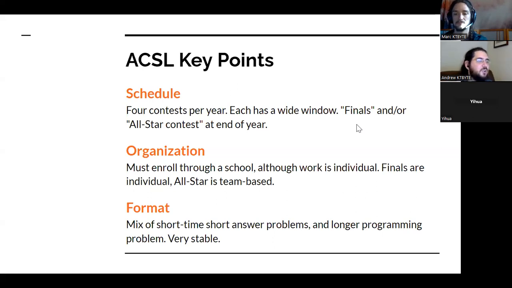If your school doesn't organize ACSL, that's exactly when you would enroll through the KTBYTE team, and you can do that from anywhere you are. You don't have to be in the United States or anything like that. So that is ACSL, a cumulative 4 event per year plus a bonus event competition with a variety of different topics and formats.